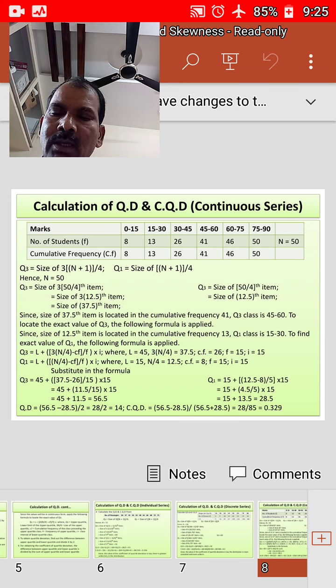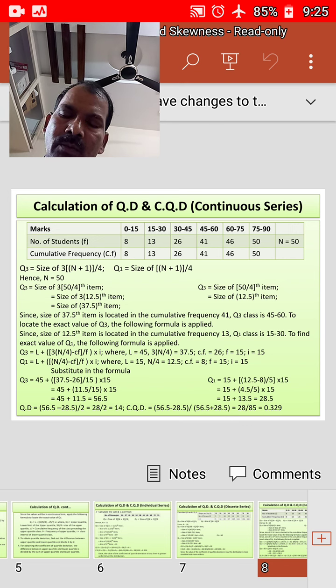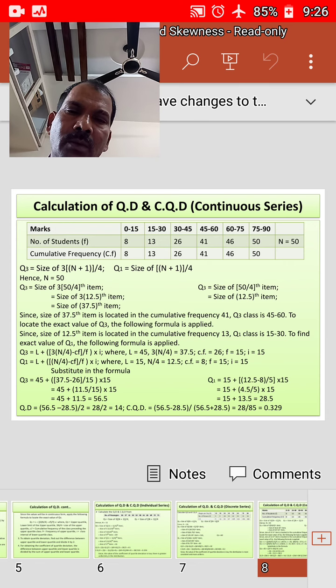The 15 gets cancelled. 45 plus 11.5, if you add 45 to the 11.5, you will get 56.5. You will come to know when you observe the PPT.